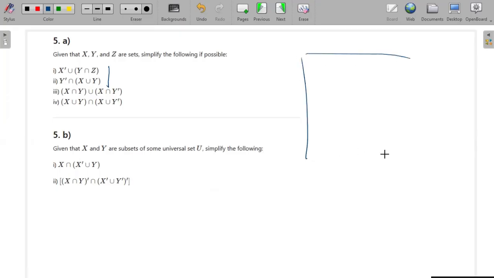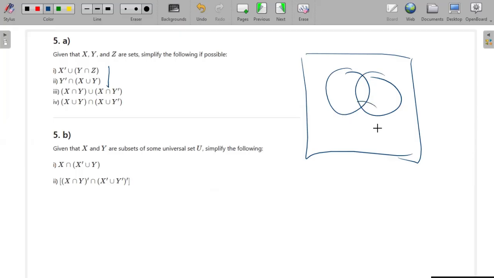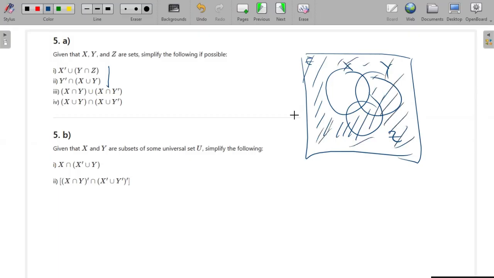So if I draw a Venn diagram, this time I have three sets, X, Y, and Z. Then they're telling me X complement, meaning everything outside X but in the universal set. So it's going to be this part here, apart from the set X.